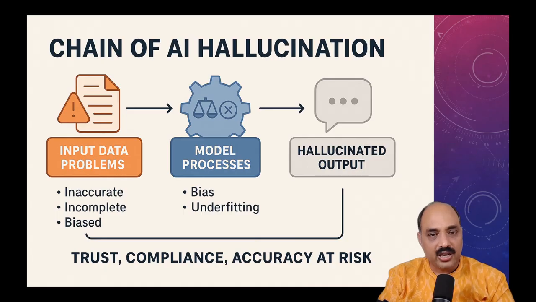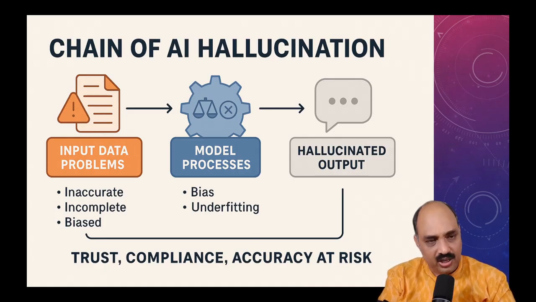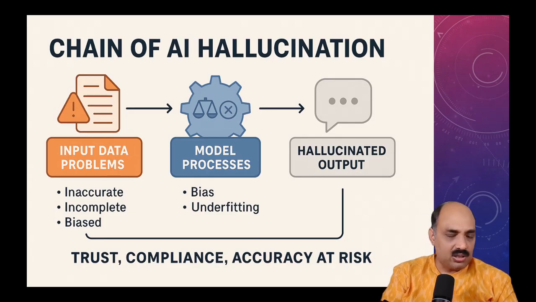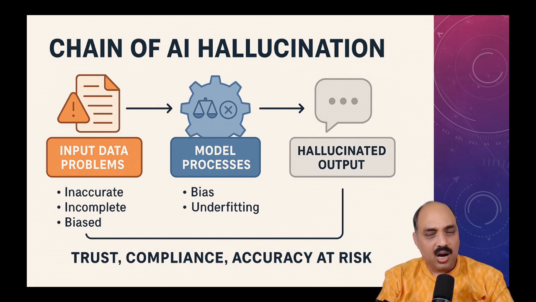When you feed it to a model, it may do underfitting or overfitting, and even your algorithms may not be bias removing. So all these three are contributors to hallucinated outputs.